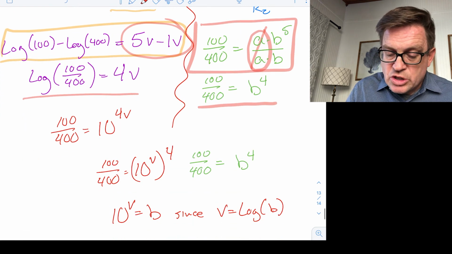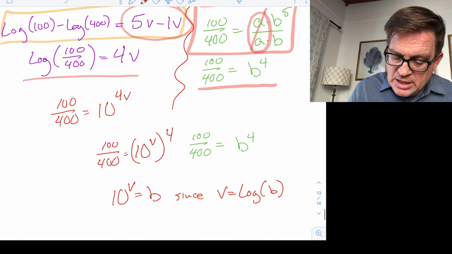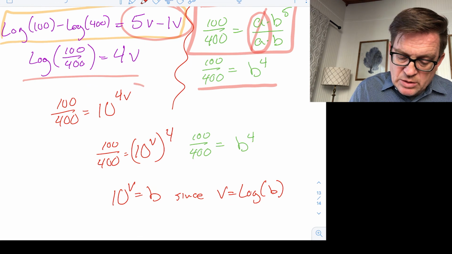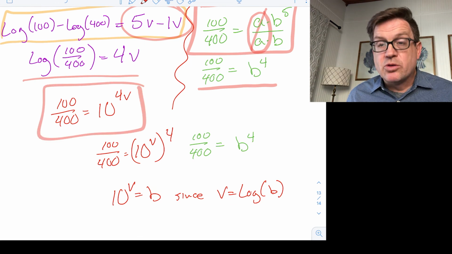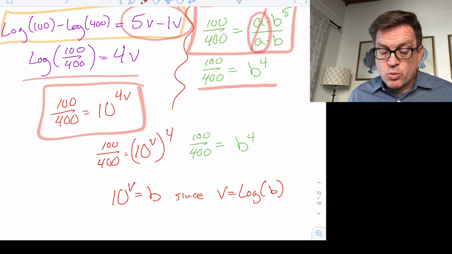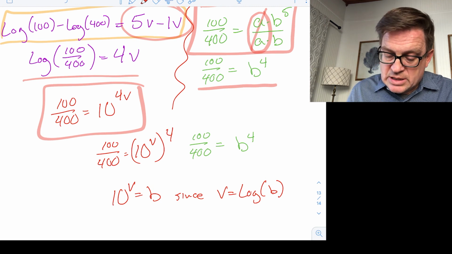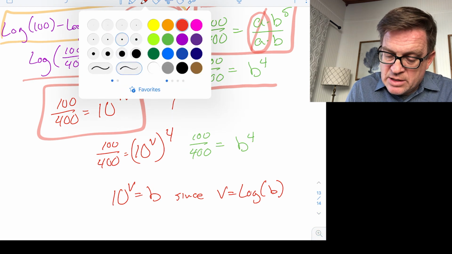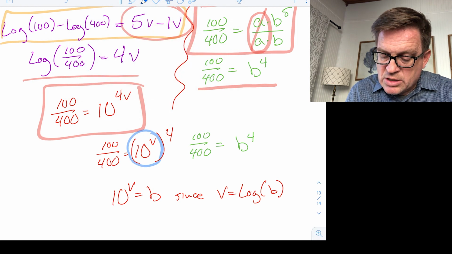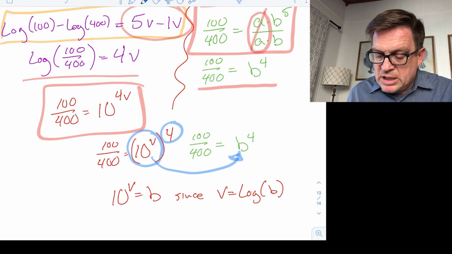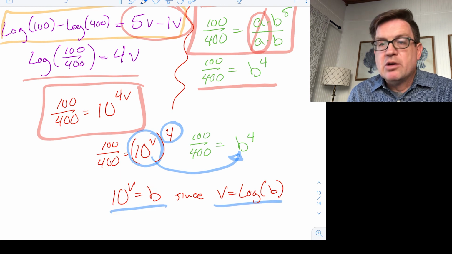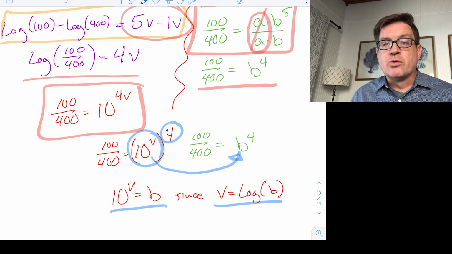And so when you change back at the end into exponential form, we end up with 10 to the 4v, which is 10 to the v raised to the fourth. 10 to the v is just b, because that's how we defined v to be the logarithm of b, so 10 to the v equals b.